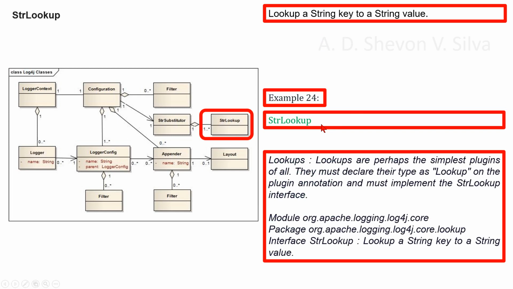Now we are considering lookups in plugins. Lookups are perhaps the simplest plugin of all. They must declare their type as lookup on the plugin annotation and must implement the StrLookup interface. The interface is StrLookup, in the package org.apache.logging.log4j.core.lookup and in module org.apache.logging.log4j.core. It looks up a string key to a string value.